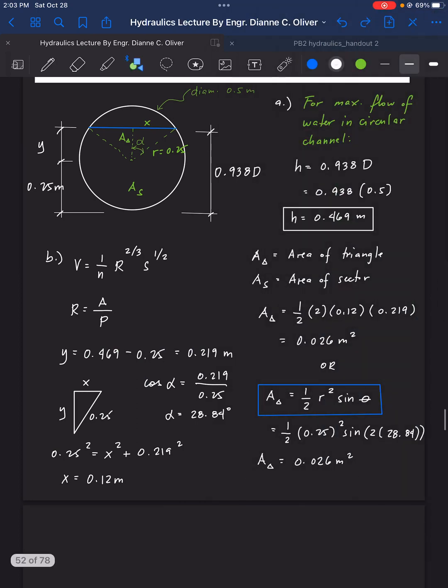Oops, that's not yet the final answer. So we got the area of the triangle. Next, we need to find the area of the sector. For the area of the sector, we will need the value for this angle. Let's name this as the theta.